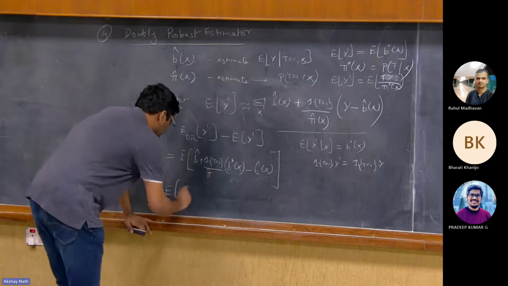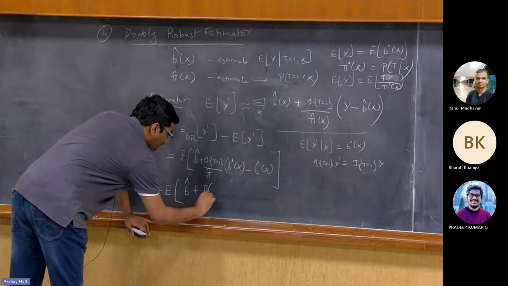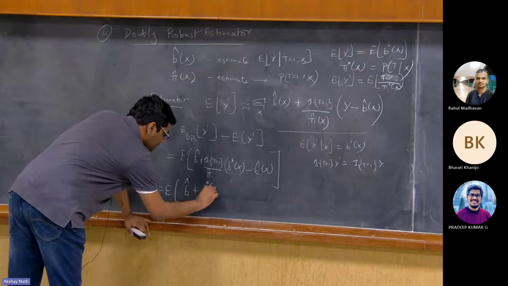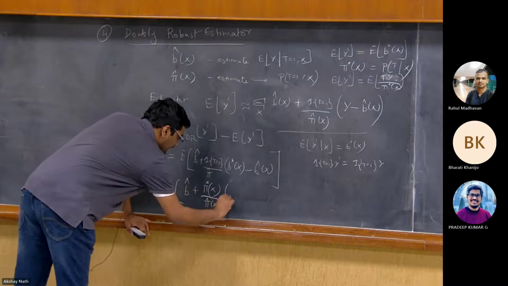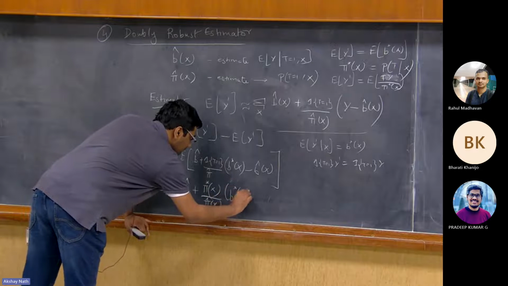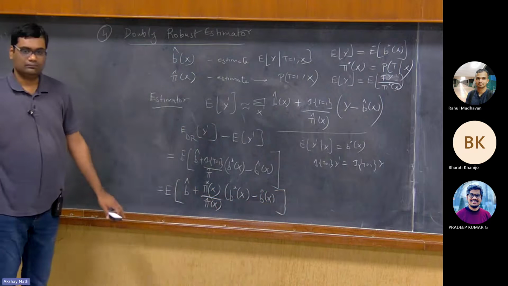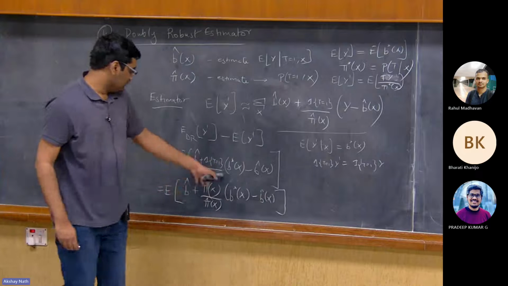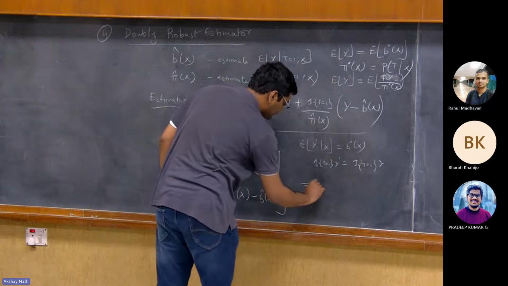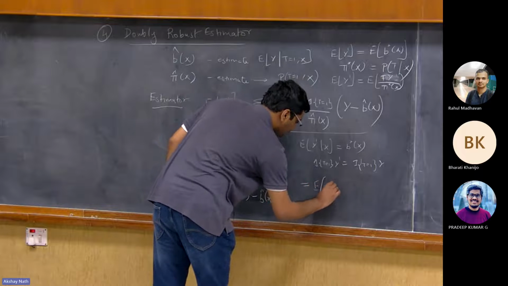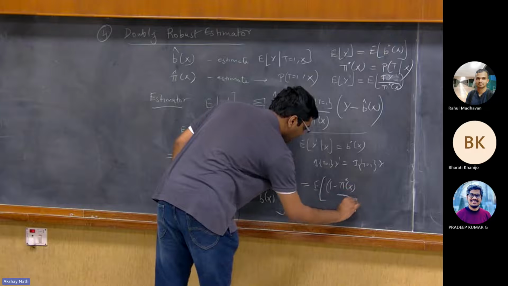So you will have b hat plus the probability of t is equal to 1, which is precisely pi star of x, by pi hat of x, times b star of x minus b hat. This is what it is. You massage this, and you can show that this is nothing but 1 minus pi star of x by pi hat.